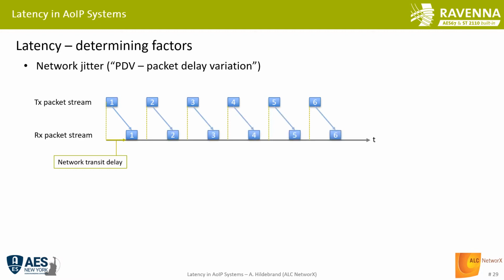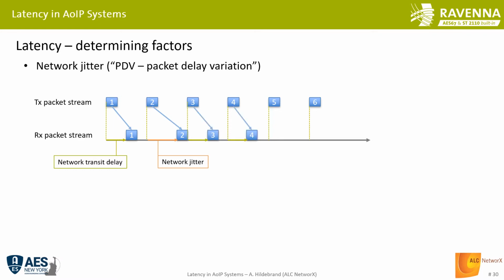And then what happens is, the packets are not coming in with 1 millisecond pacing, because the network now is adding some weird thing, and that is the network jitter, the packet delay variation. That means that from the point of view of the receiver, packets are not coming in at 1 millisecond pacing, but sometimes they have 1.5 milliseconds or 0.9 milliseconds in between.